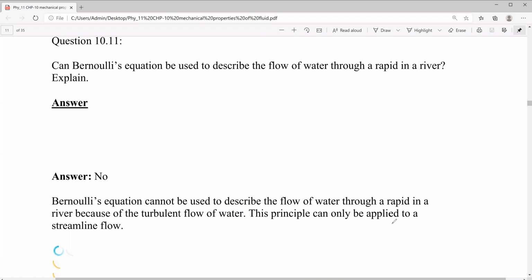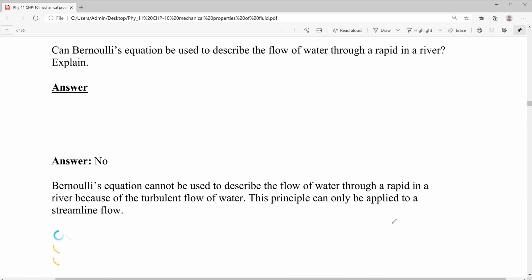So the reason is, according to Bernoulli's equation, it cannot be used to describe the flow of water through a rapid in a river because of turbulent flow of water. This principle can only be applicable for the streamline flow that we already discussed. So if you understand the theory concept clearly, it can be easily possible to understand.